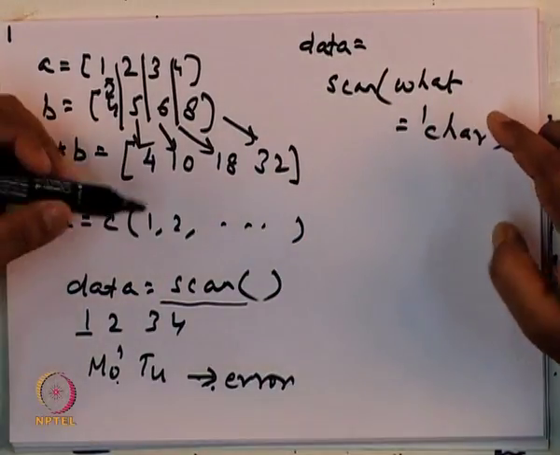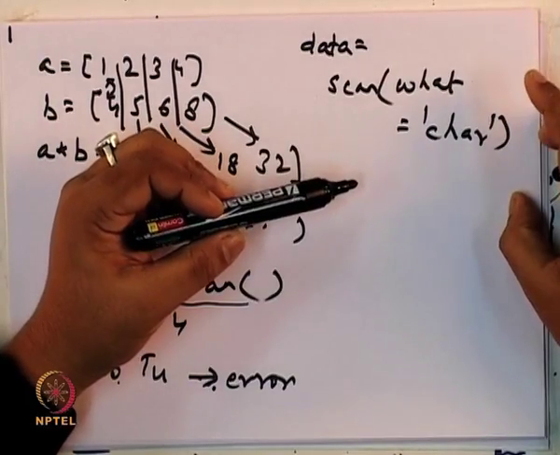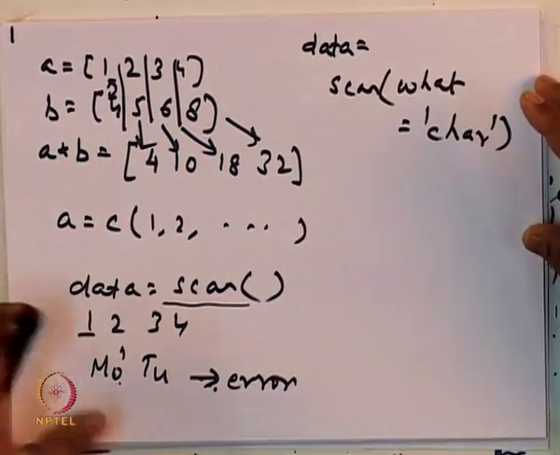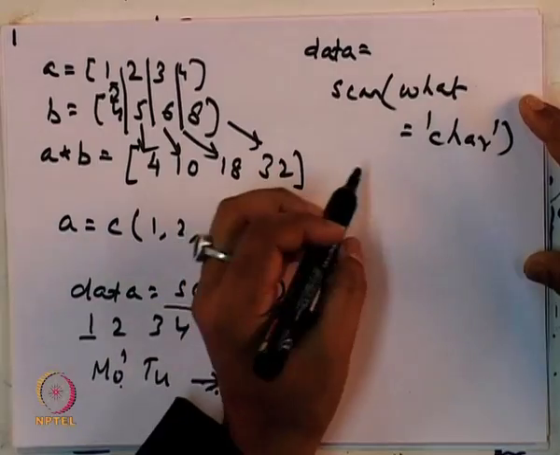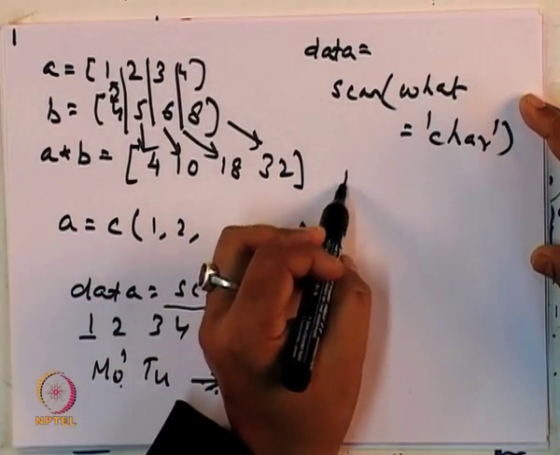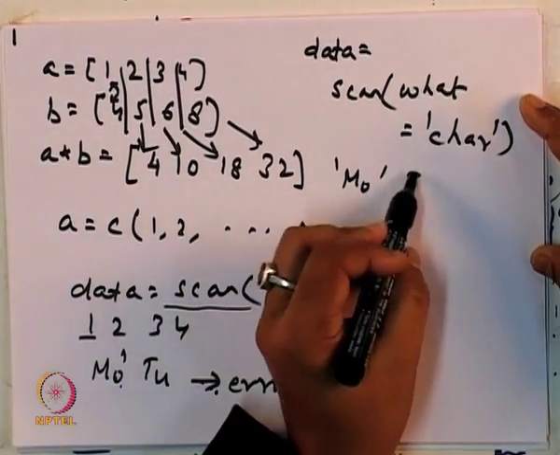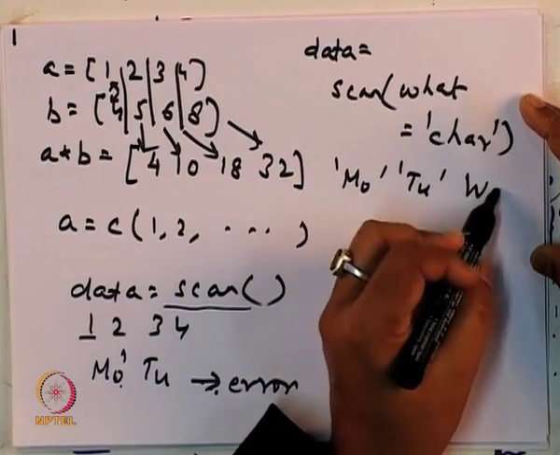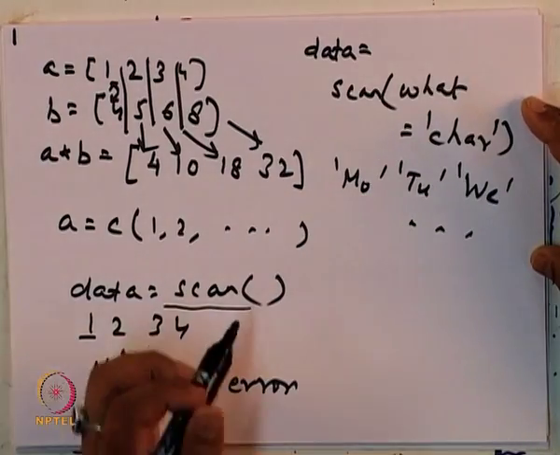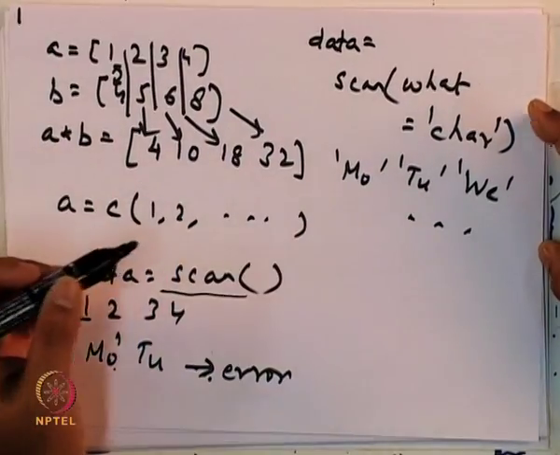Then the software knows that you are entering characters. So when you enter months, you have to write them within quotes, Monday, Tuesday, Wednesday, so on and so forth. And then it will automatically take it.